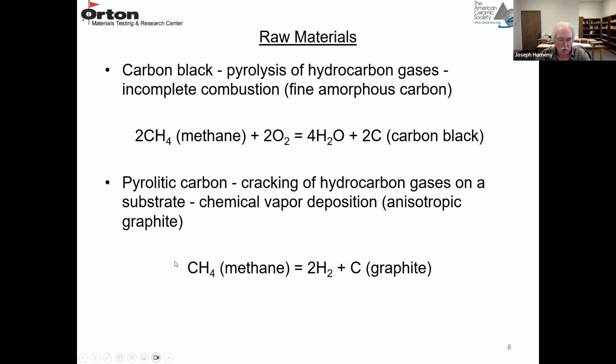And you can also crack methane, so it gives off hydrogen gas plus carbon. And it's most likely going to be graphite, these columnar type graphite crystals on a substrate. So carbon black can be used to make refractories. This pyrolytic carbon, I just mentioned it to illustrate another way of making carbon or graphite.